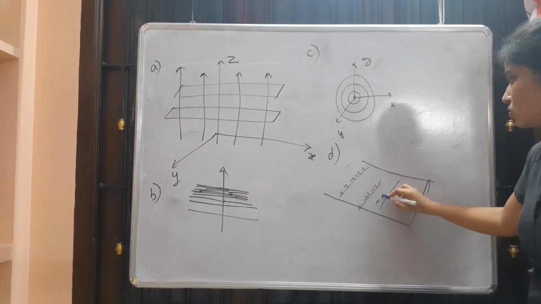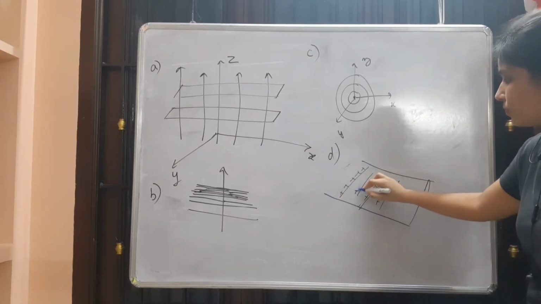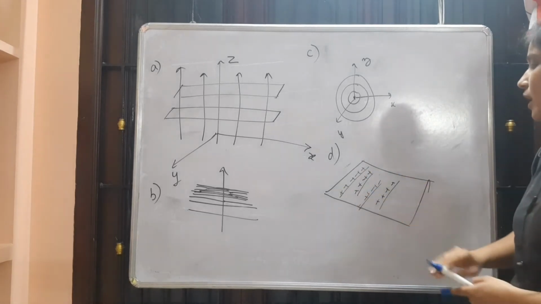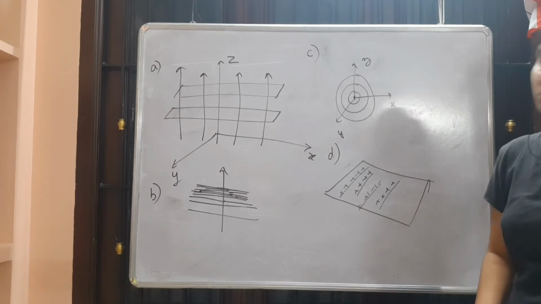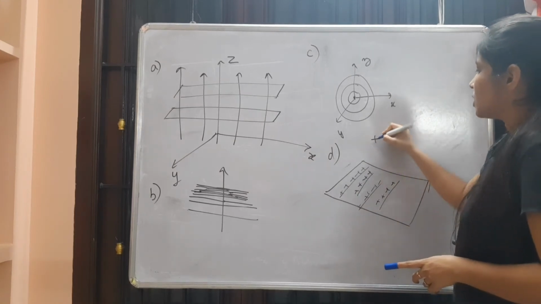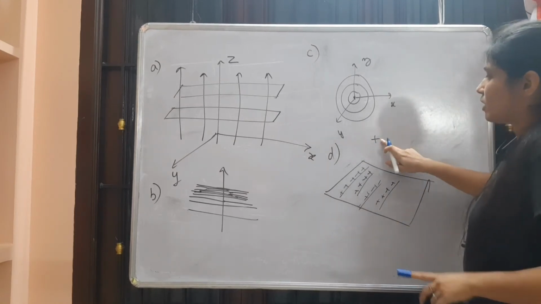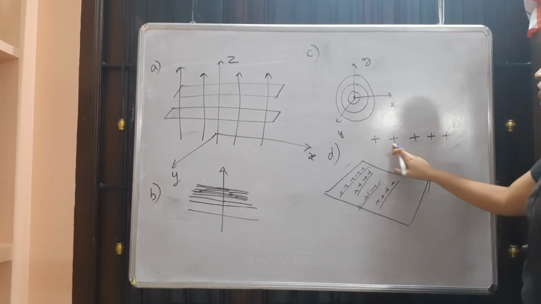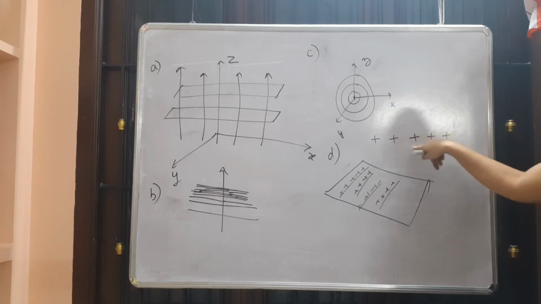They are kept like this. I am going to see the front view of this diagram. The front view will be as if many wires are kept behind one another. So you are having all the positive charges kept like this, and the wire is going into the board.